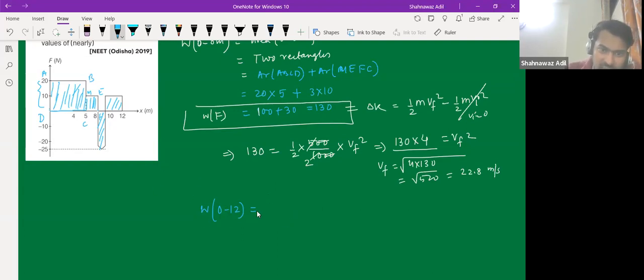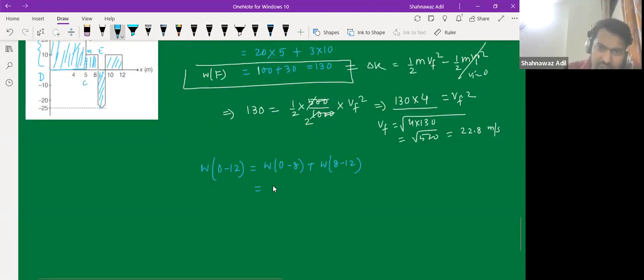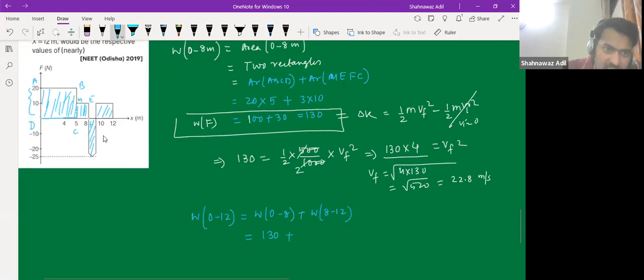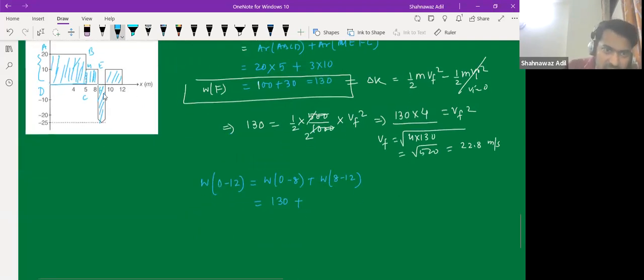So for 0 to 12, that would be 0 to 8 plus 8 to 12, right? This we already know, that is 130 plus 8 to 12. How much is 8 to 12? This part, right?